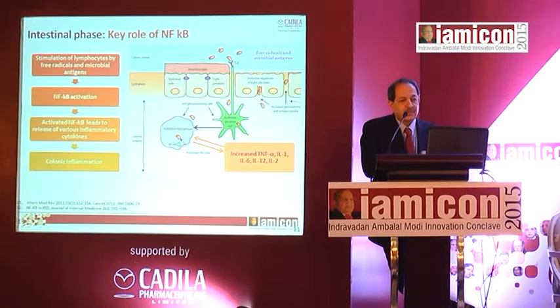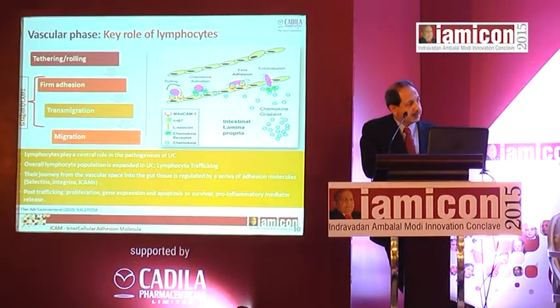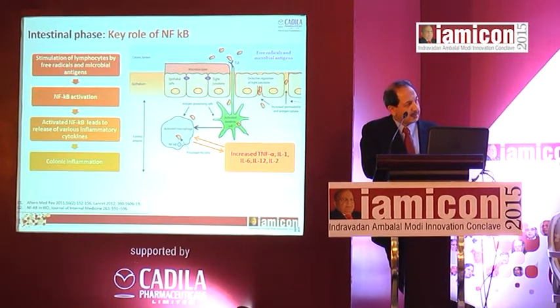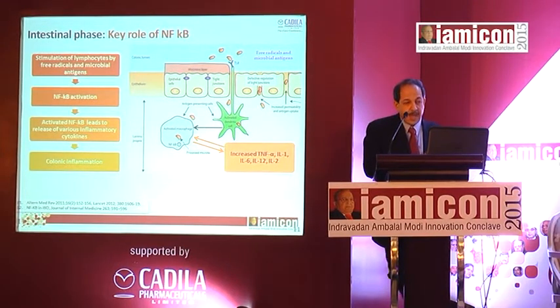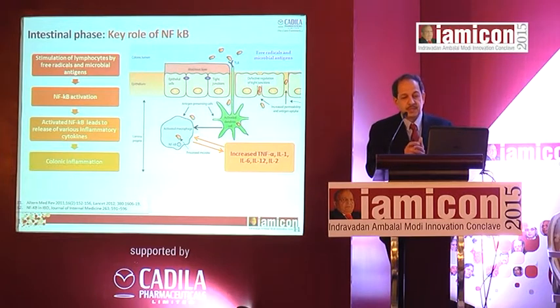In the intestinal phase, once these cells have transgressed through the intestinal wall, they go into the outside area, and this basically leads to the key factor, that is nuclear factor kappa B activation, and this leads to a burst of various cytokines, and these lead to inflammation in inflammatory bowel disease.